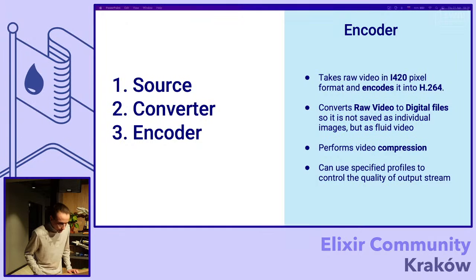And this is what the encoder function is. It converts raw video to some digital files, so it's not saved as individual images, but as a fluid video with some dependencies between these images and some complicated mathematical compression.